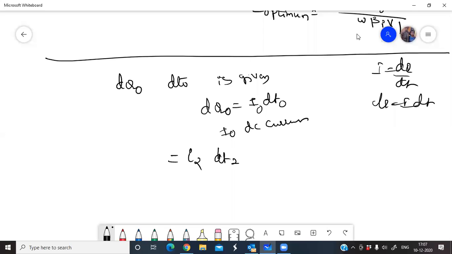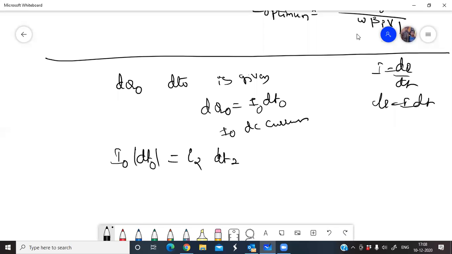That means the first is I naught dt naught at the buncher cavity, and it is passed towards the catcher cavity, where the current is I2 and time is dt2. So the amount of charge at the buncher grid equals the amount of charge at the catcher.